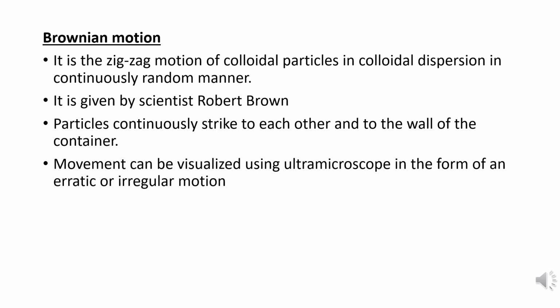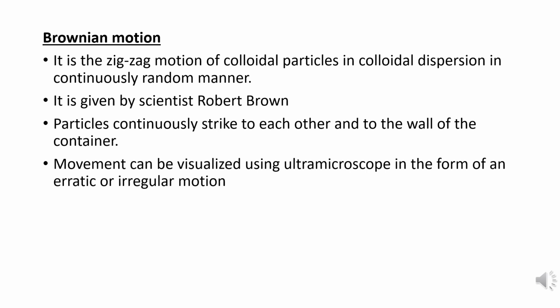This Brownian motion happens mainly because the molecules of the dispersion medium constantly move, and these fast-moving molecules collide unevenly with colloidal particles. Since collisions occur from different directions, particles move randomly in a zigzag pattern.